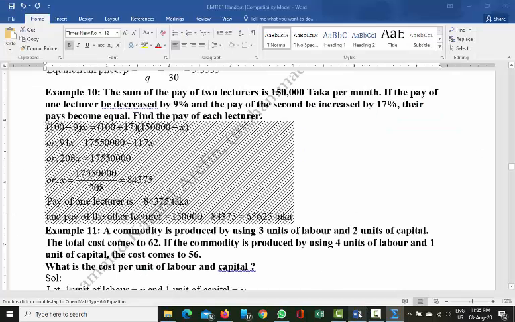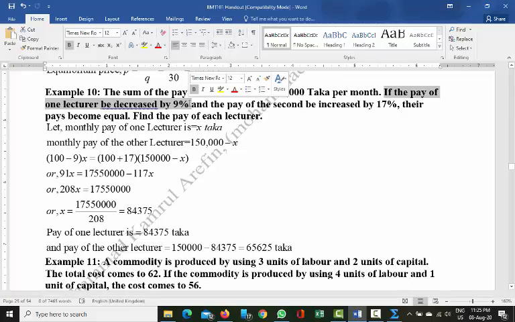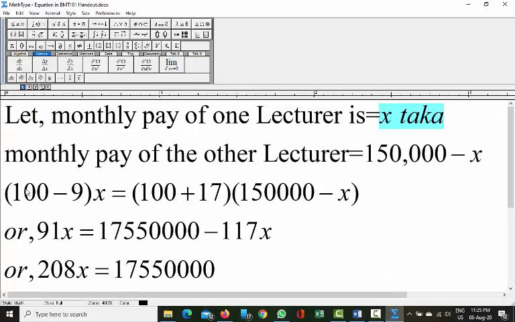Now the question is saying that the pay of one lecturer is decreased by 9%. For example, it is now 100. If you decrease it by 9%, decreased means minus 9.